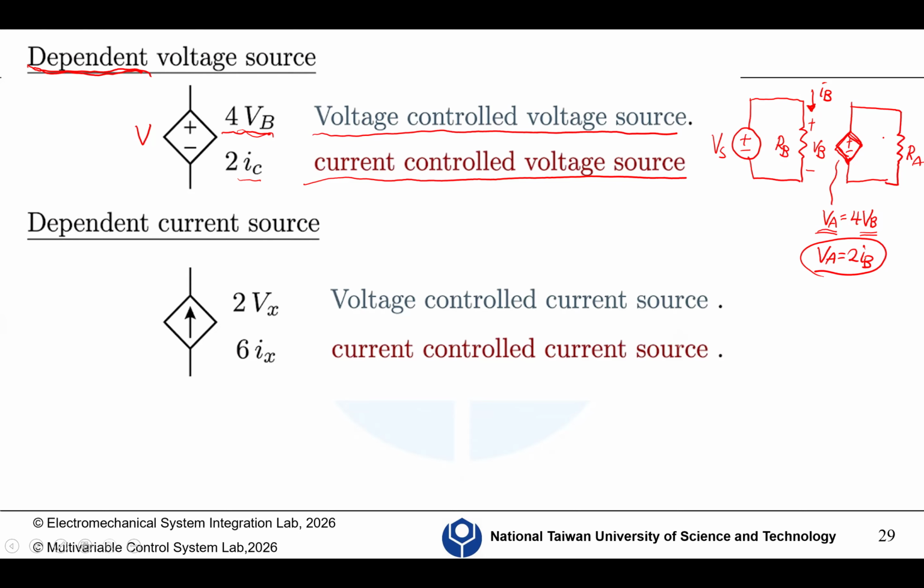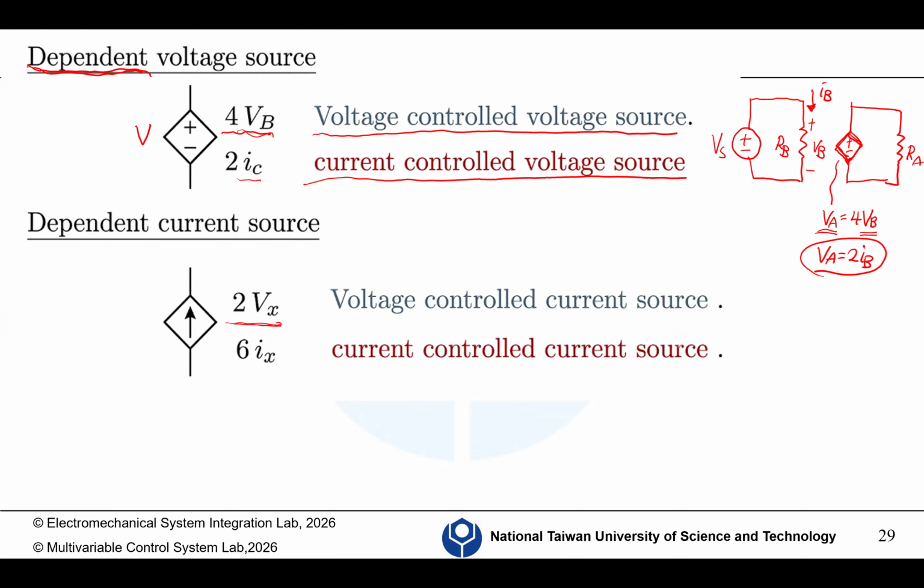And we also have the dependent current source. In this case, the dependent current source is also a shape of a diamond, and we have an arrow within the diamond. So here, now you know it is a voltage controlled current source.